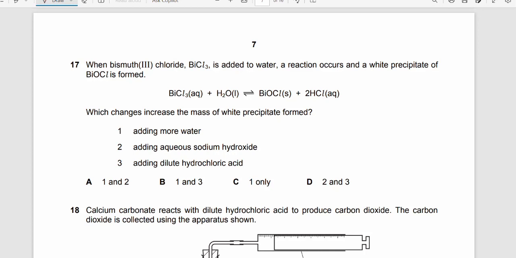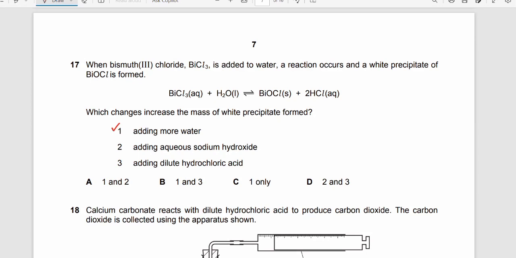This is the reaction and it is at equilibrium. When we add more water, the concentration of reactants is increased. So the equilibrium will be shifted towards the right, from the higher concentration to lower concentration. In this way, more white precipitate of BiOCl is formed. So adding more water is okay.